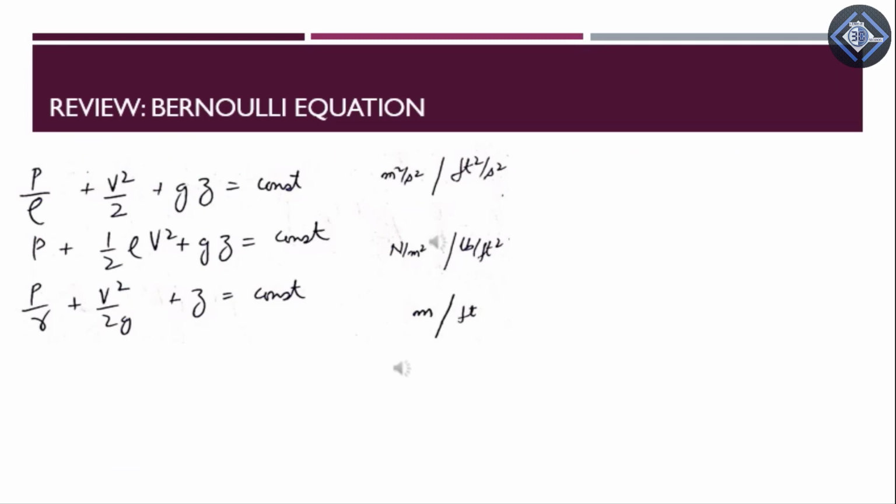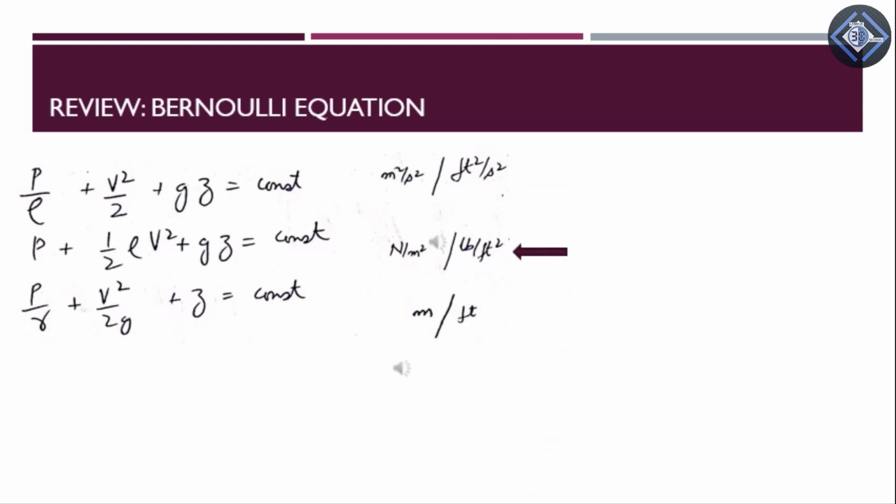So on your screen, you can see Bernoulli equation in three forms. The first equation has a form P over rho plus V square over 2 plus GZ is equal to constant. It has units of meter square per second square, or in the British gravitational system, it has units of feet square per second square.